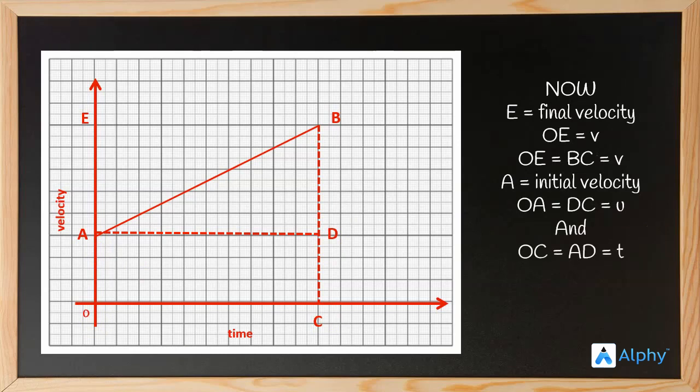And OC equals AD equals T. OC is on the x-axis. AD is the exact same measurement, so that also corresponds to the time taken, which we will name as T.